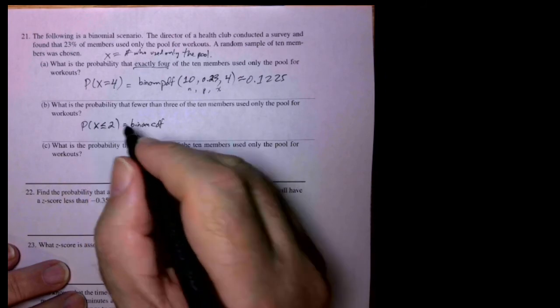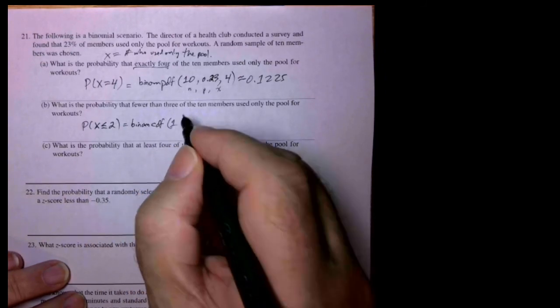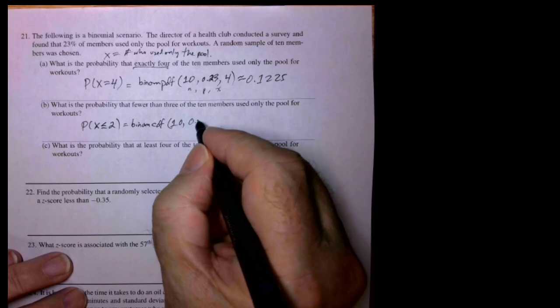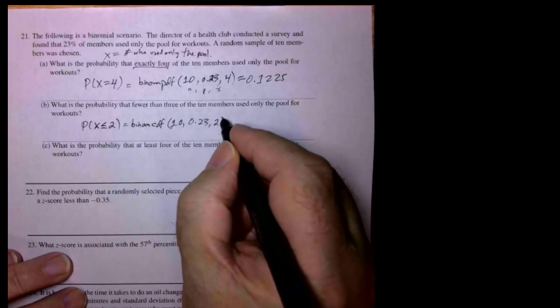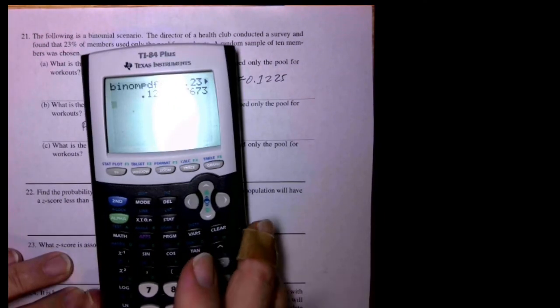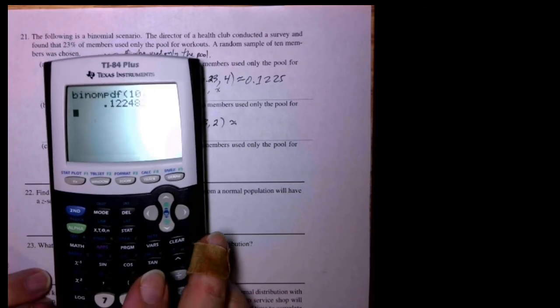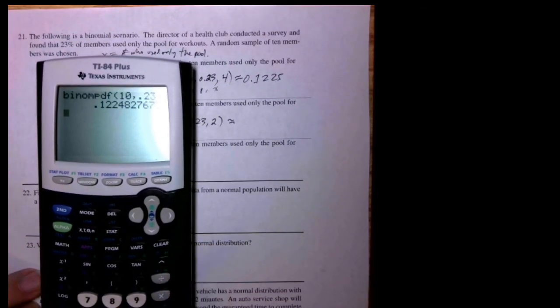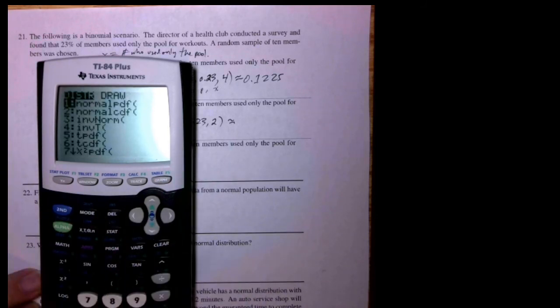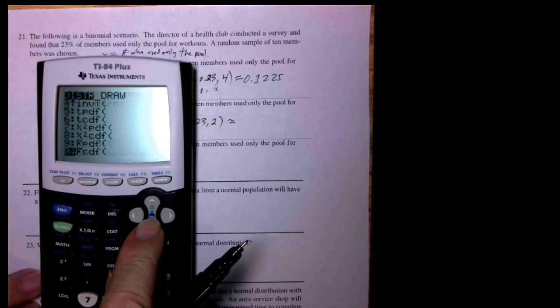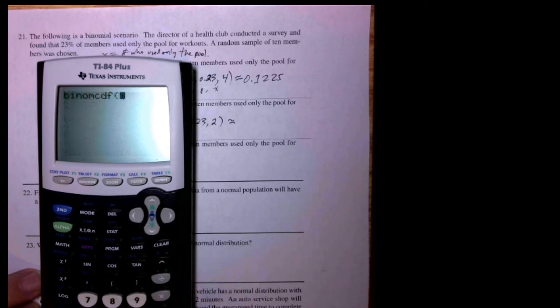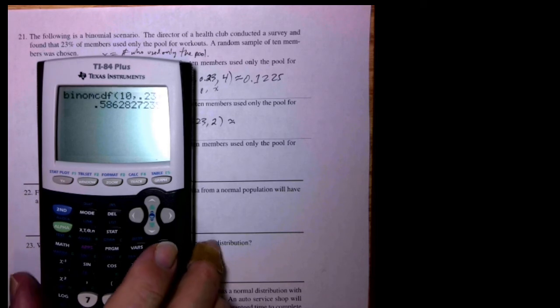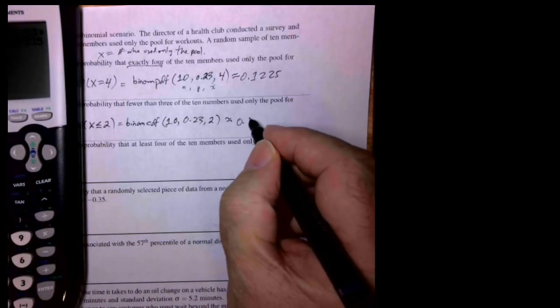So binomCDF with N, P and X: 10, 0.23, and then 2. Same as before, I go to the distributions menu, arrow down until I get to binomCDF, and then put in the arguments 10, comma, 0.23, comma, and then 2. It's about 0.5863, something like that.